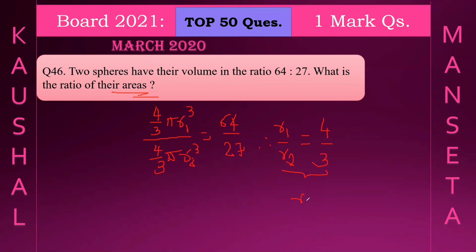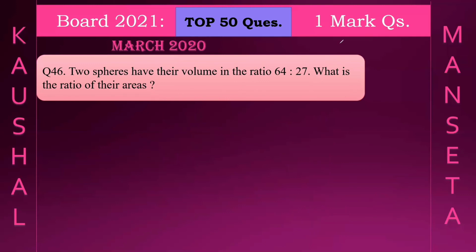So r1 square upon r2 square gives 16 by 9, because 4 square is 16 and 3 square is 9. So the answer is 16 by 9. Okay.